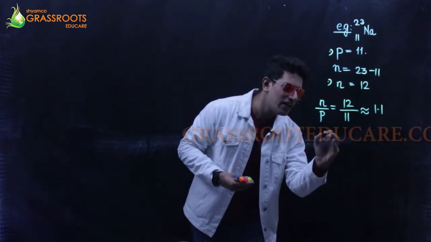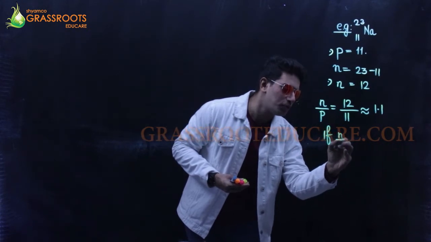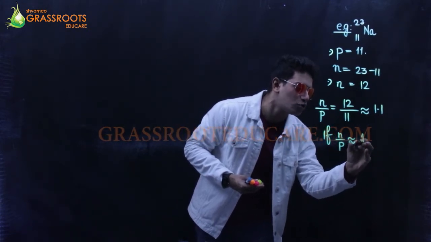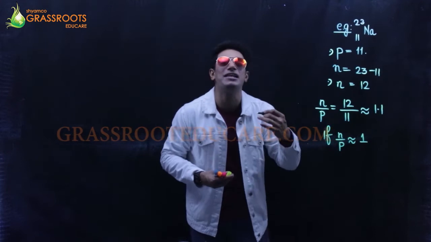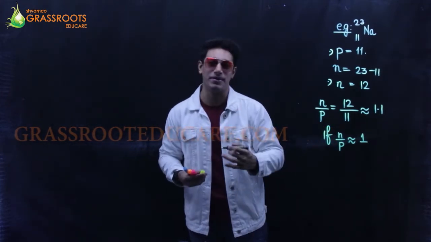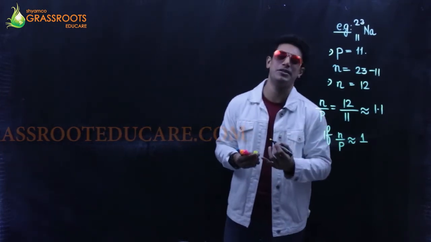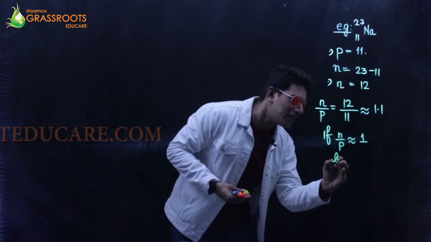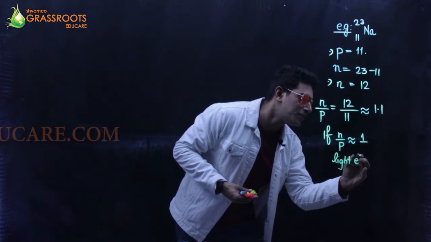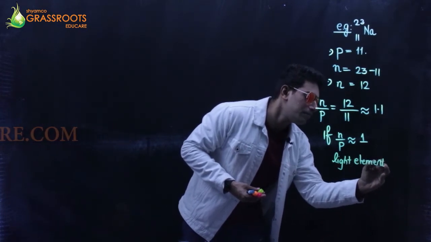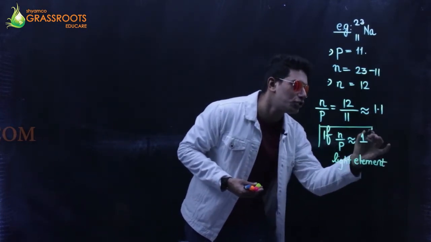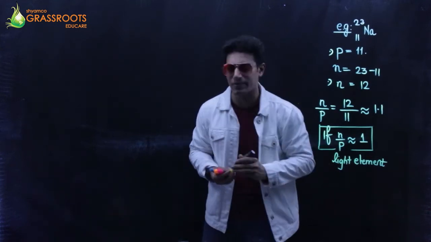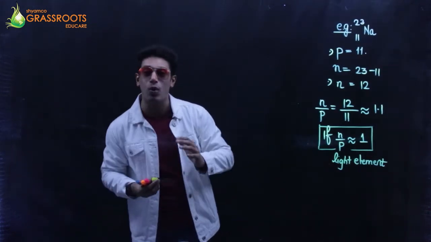So if the neutron-proton ratio is approximately close to 1, we call the element a light element, by mass, by weight. So sodium is a light element because the neutron-proton ratio is very much close to the value 1.